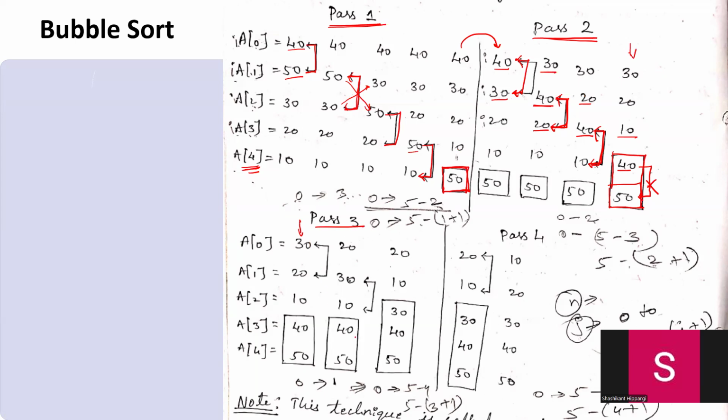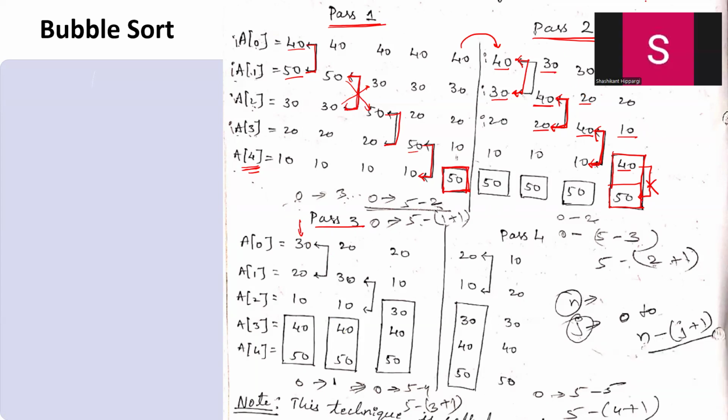The next pass is the third pass. In the third pass, again, we follow the same procedure. We compare the first element with the second one.